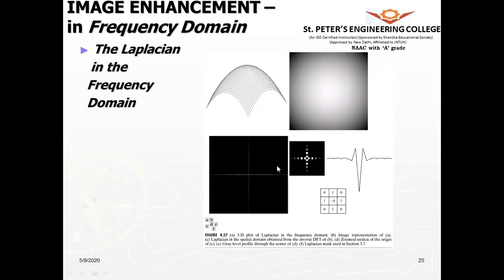And this is the Laplacian in the spatial domain. And if you zoom at this point, at the origin, we get an effect like this. And then this is the mask. And this is the profile.